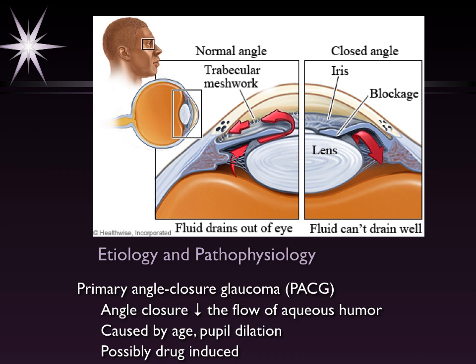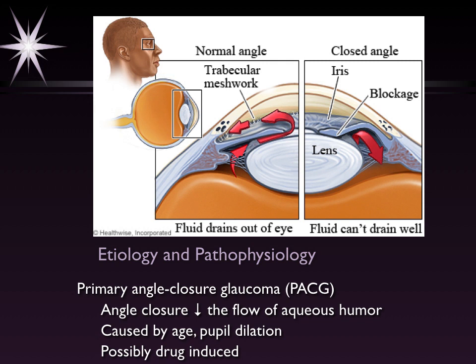And the angle closure may also occur as a result of pupil dilation in the patient that has anatomically narrow angles. An acute attack may be precipitated by situations in which the pupil remains in a partially dilated state for a long period of time, so that it causes an acute and significant rise in intraocular pressure.